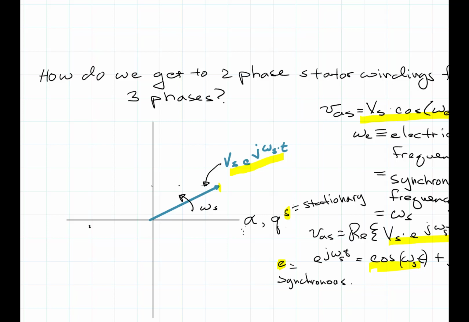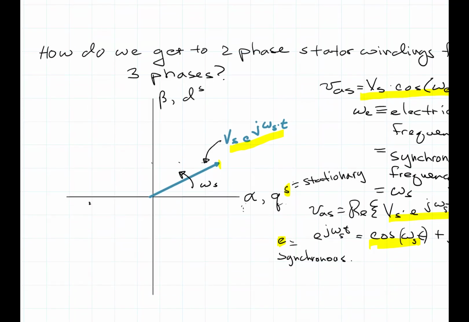The textbook just uses omega s and it uses alpha. But it's helpful to understand that this alpha axis could be considered a q axis that's stationary. And then you've got another quadrature axis called a beta axis, or it could be referred to as a stationary d axis. And so this phasor reflects on all three axes.